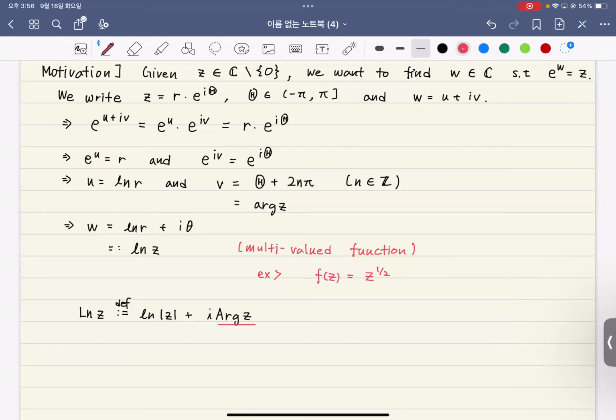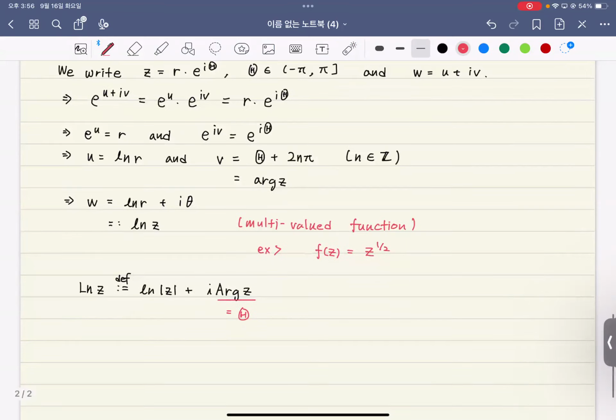So in our context, we say this theta is a number between minus pi and plus pi. So I have these infinitely many values, but if I choose my theta to be a number between minus pi and plus pi, then we say this is a capital Ln of z, and sometimes we say the principal value of the natural log.